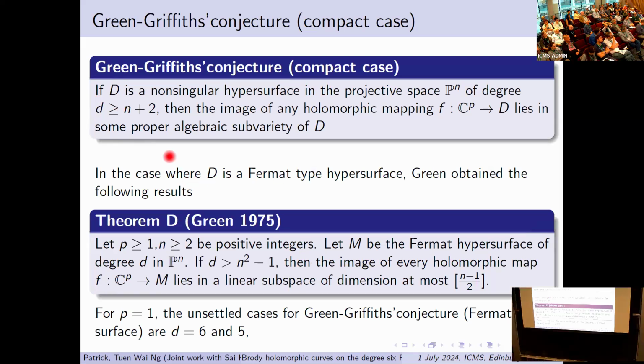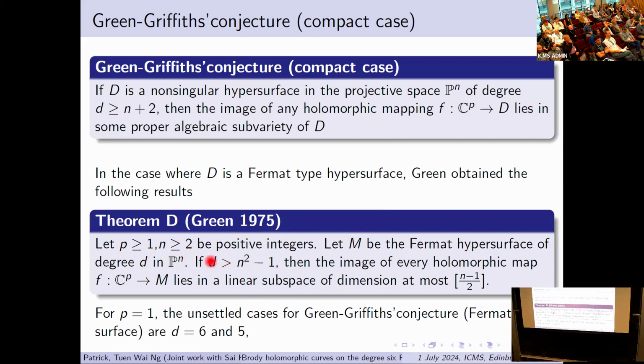Now, if you take this D to be the Fermat hypersurface, then Mark Green actually proved the following result in 1975. So M here would be a Fermat hypersurface of degree d inside Pn.